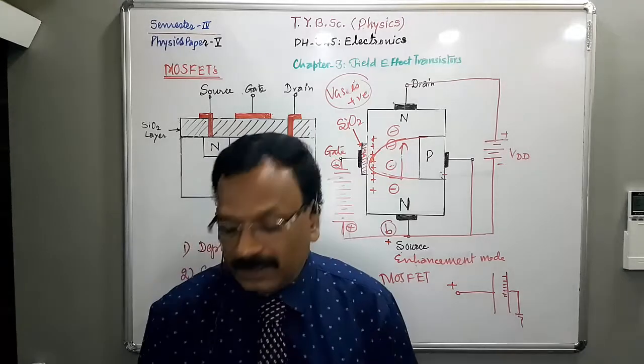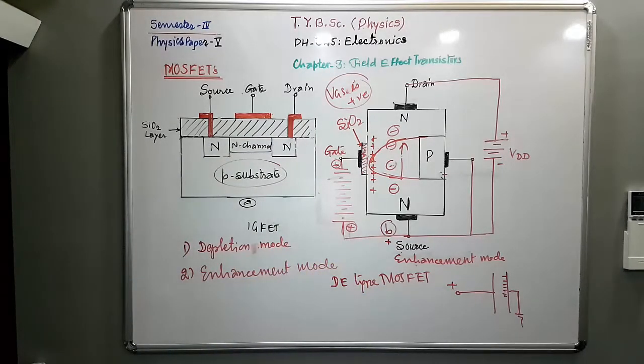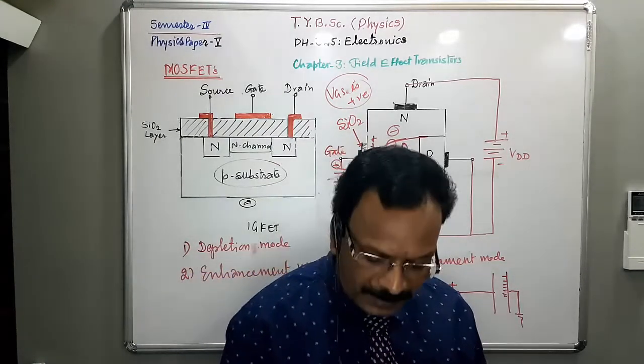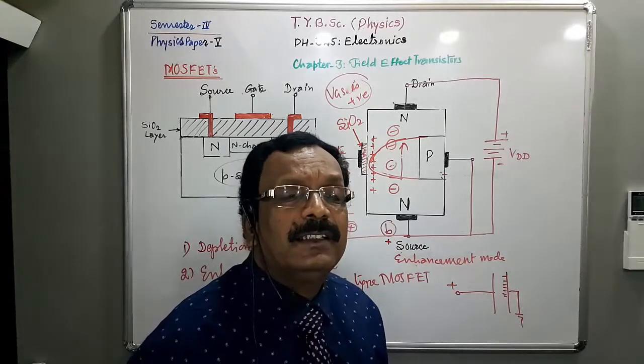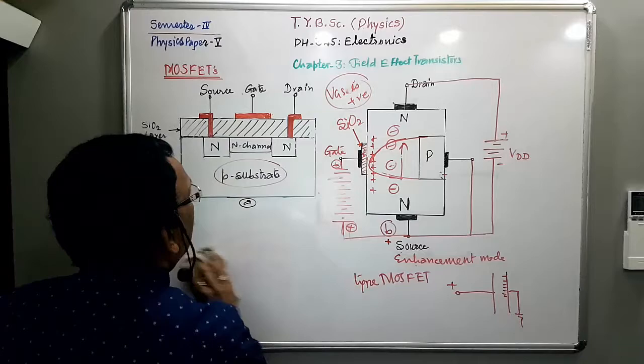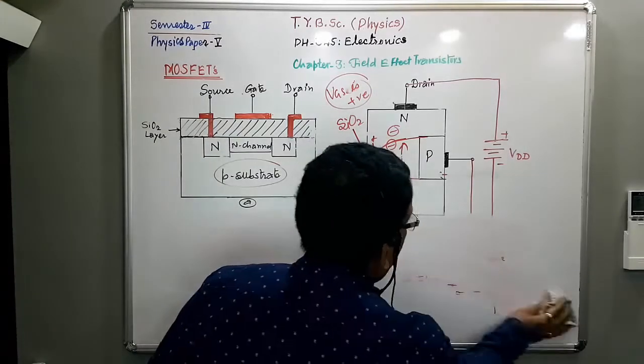Now we are going to see the characteristics of this MOSFET. There are two types of characteristics: drain characteristics and transfer characteristics. First of all, we are going to see drain characteristics.